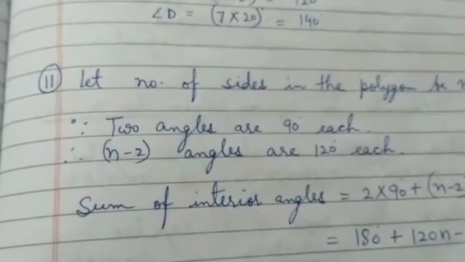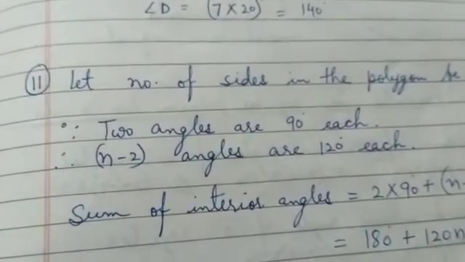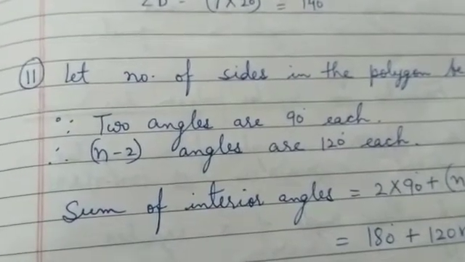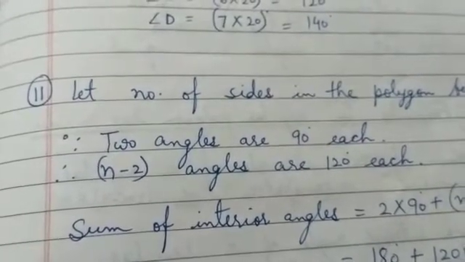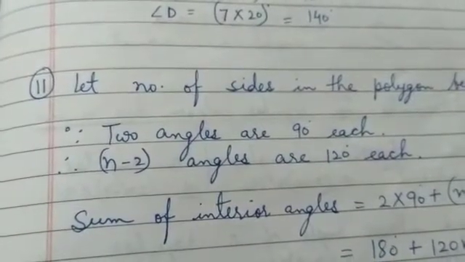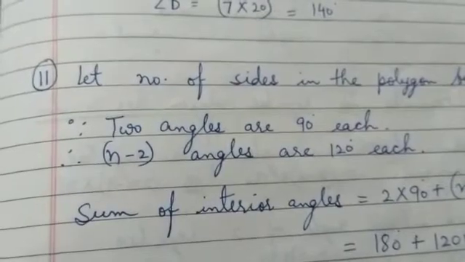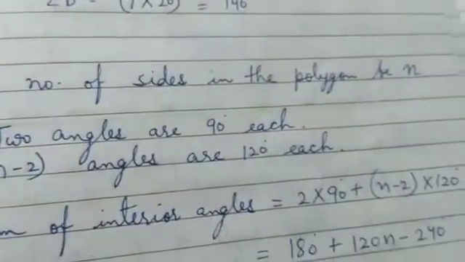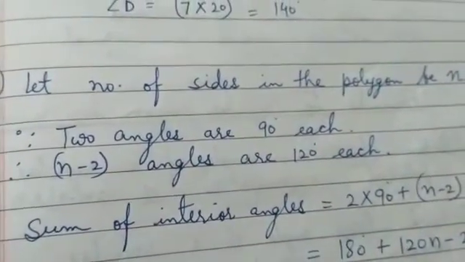Now the question is, there is a polygon having two angles of 90 degree each and the remaining angles are 120 degree. Since a polygon is given, the number of sides is not known. So here we suppose let the number of sides in the polygon be n. Now two angles are 90 degree each.